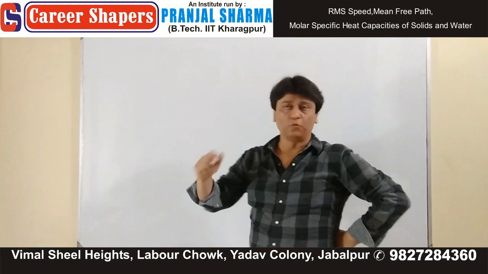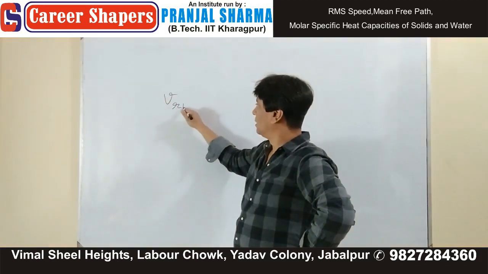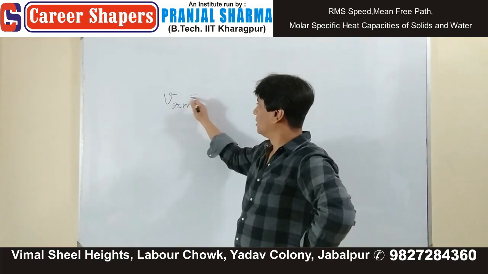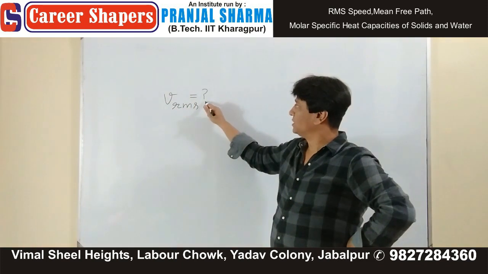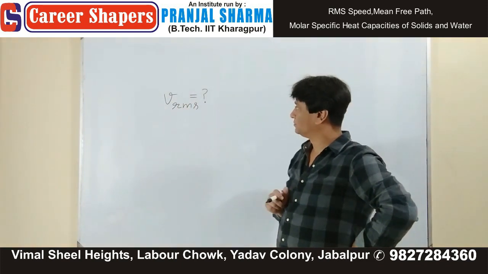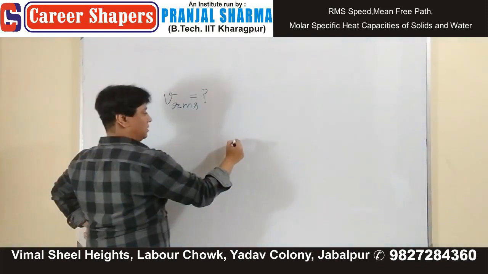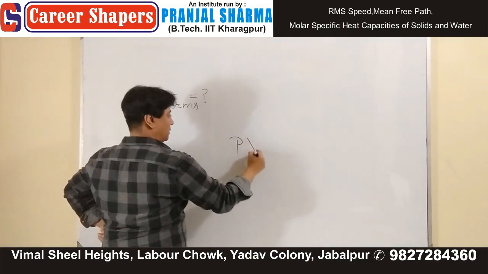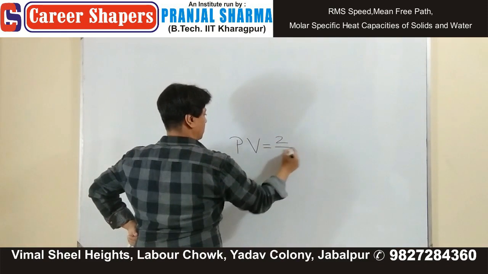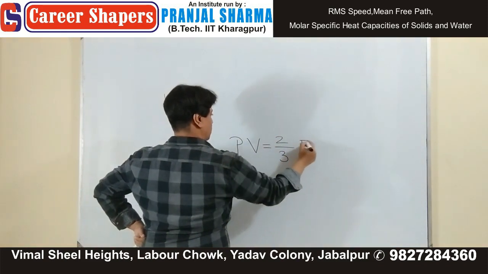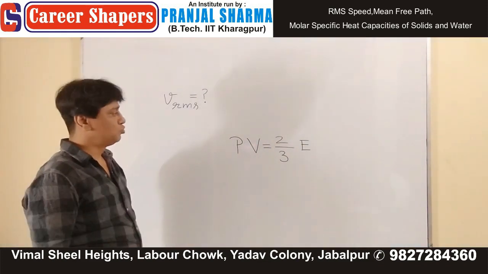Let's talk about VRMS, root mean square speed or root mean square velocity. We have developed PV as 2 by 3E.